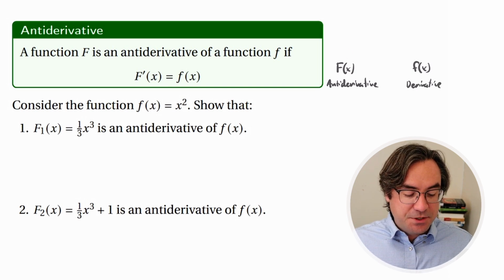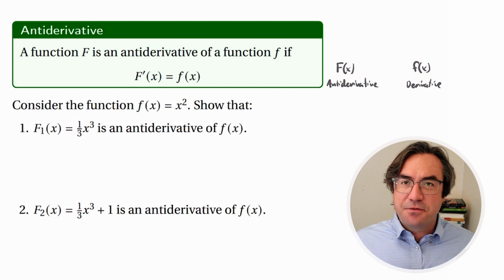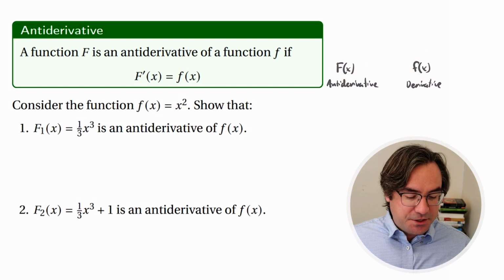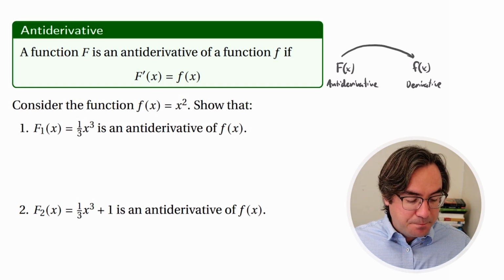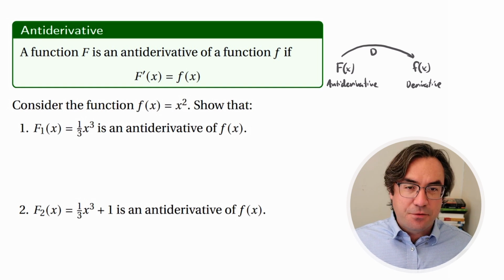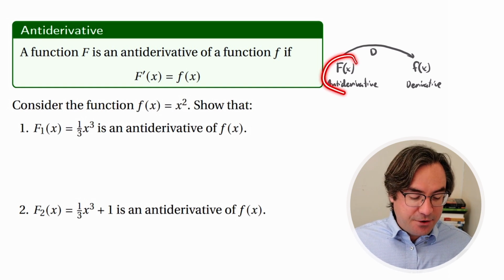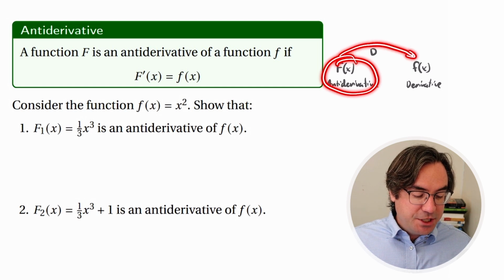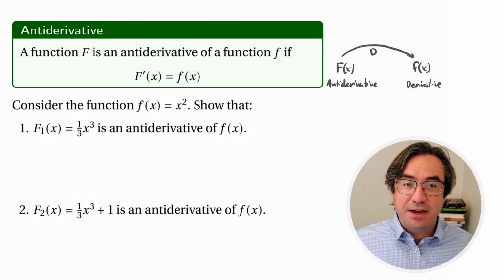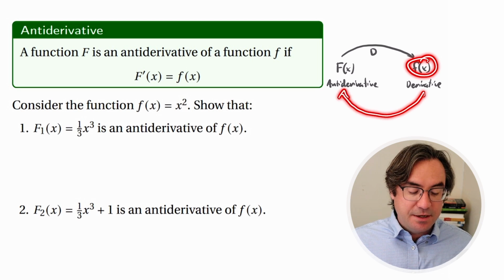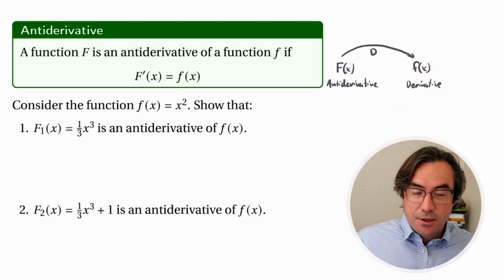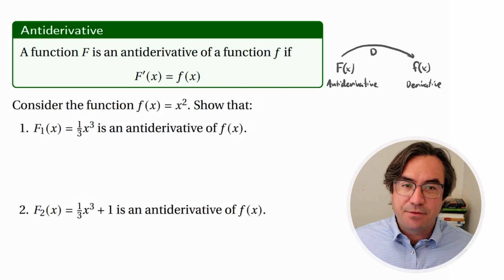You can almost think of these two functions as forming a pair. If we go one way, and we take our antiderivative and differentiate, we should get f of x. We should get its derivative. And if we take little f and do the integration, we should get our antiderivative.